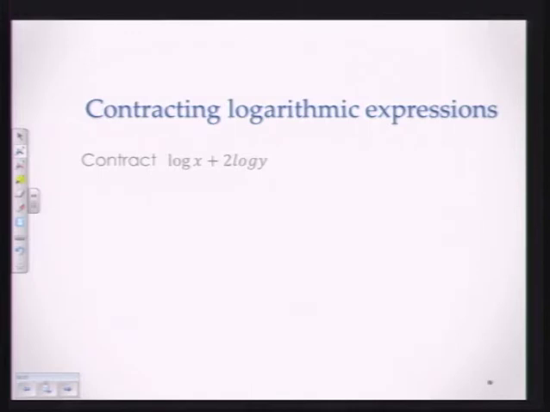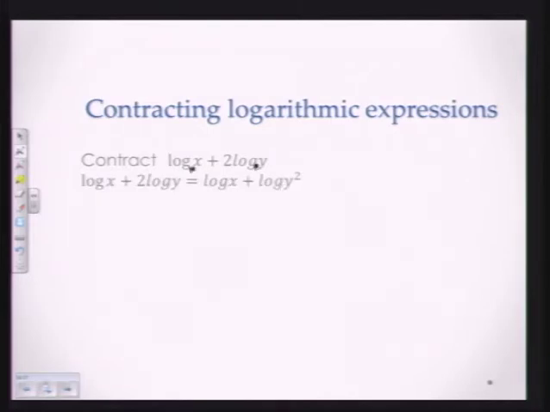We have a logarithmic expression, the common log of x plus 2 common log of y. Now we're going to reverse the process. I have two logarithms, and it's important here that our base is the same. And remember, that's base 10 as we're looking at it. And since the base is the same, I can take that addition and turn it into a multiplication.